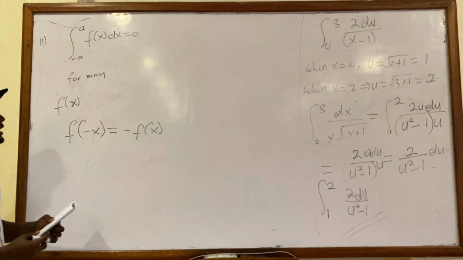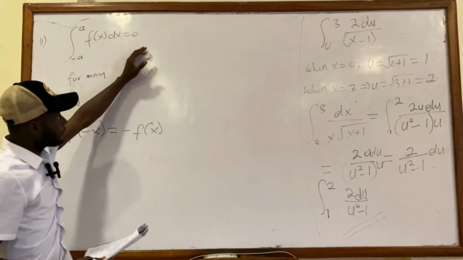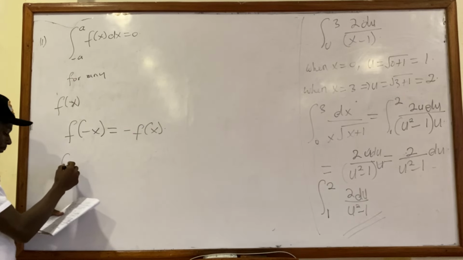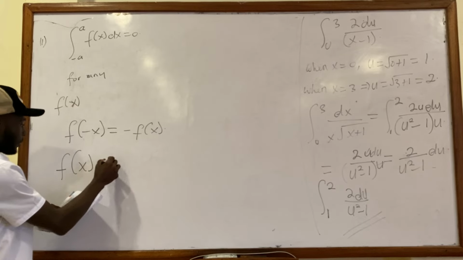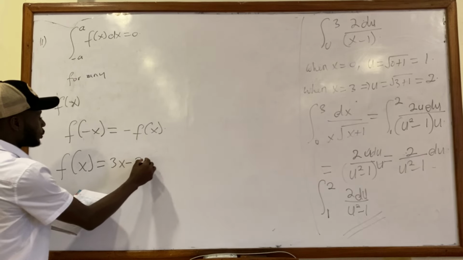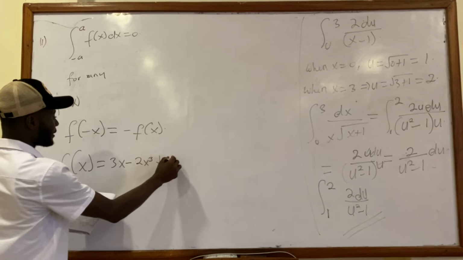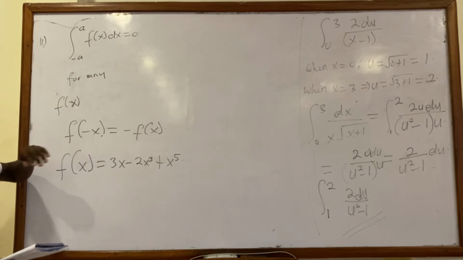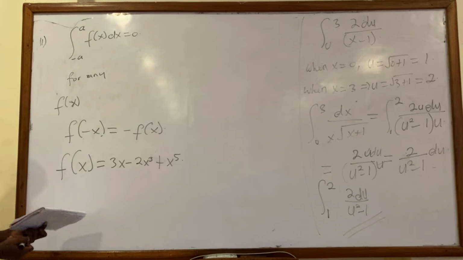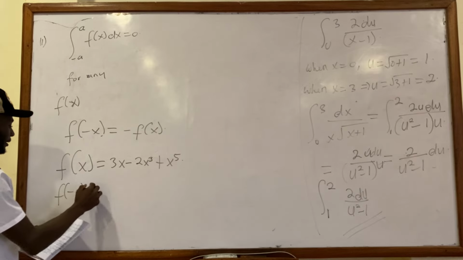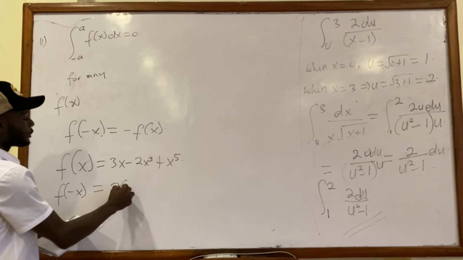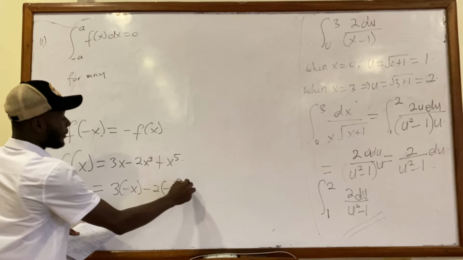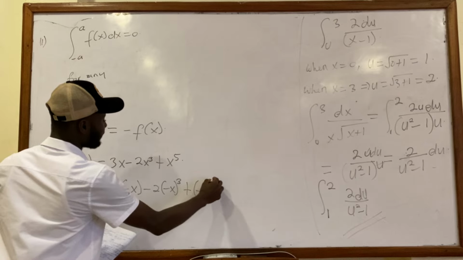So now, looking at the conditions given, the objectives given, we can see that this particular function f of x equals 3x minus 2x cubed plus x power 5 will satisfy this condition. We say that f of negative x is equal to 3 into negative x minus 2 into negative x cubed plus negative x power 5.